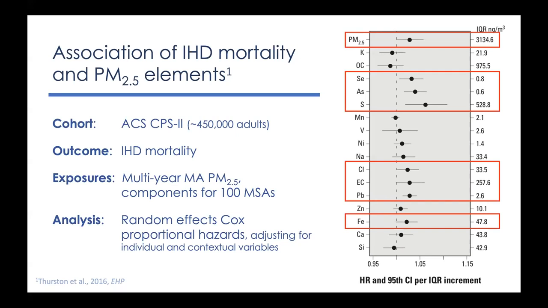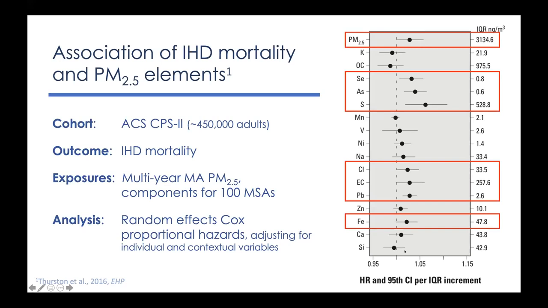And as we can see, results from this study show that in the top row, for PM 2.5, we see significant associations between increased PM 2.5 exposures and increased mortality from IHD, with a hazard ratio of a little bit less than, but about, 1.03.